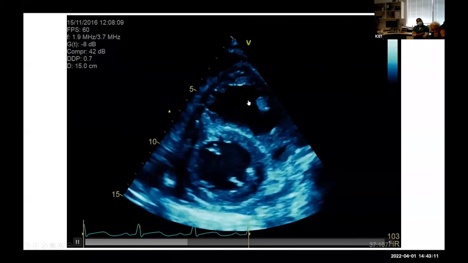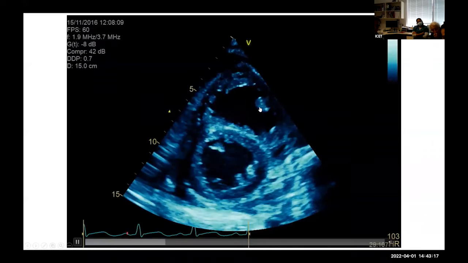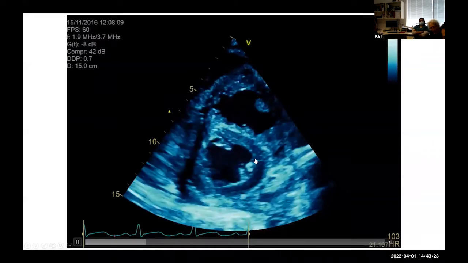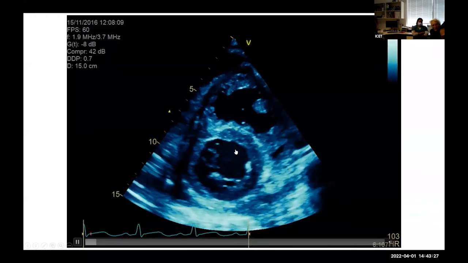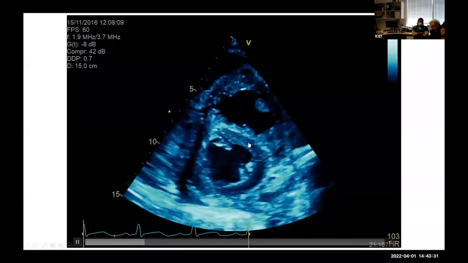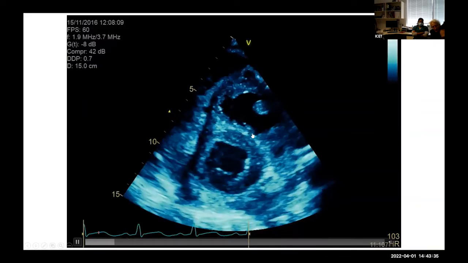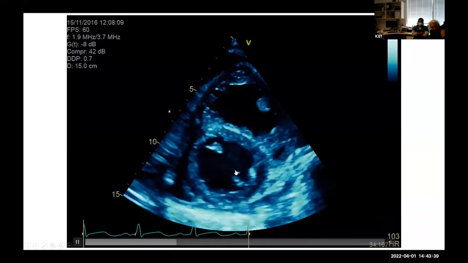The right ventricle looks to be thickened and dilated. That appears to be a moderator band, but it may be a muscle associated with the tricuspid valve. Coming down to the left ventricle, there is certainly a septal bounce and systolic flattening of the interventricular septum, suggestive of right ventricular pressure overload. There may well be diastolic flattening as well, but I don't think it's consistent.